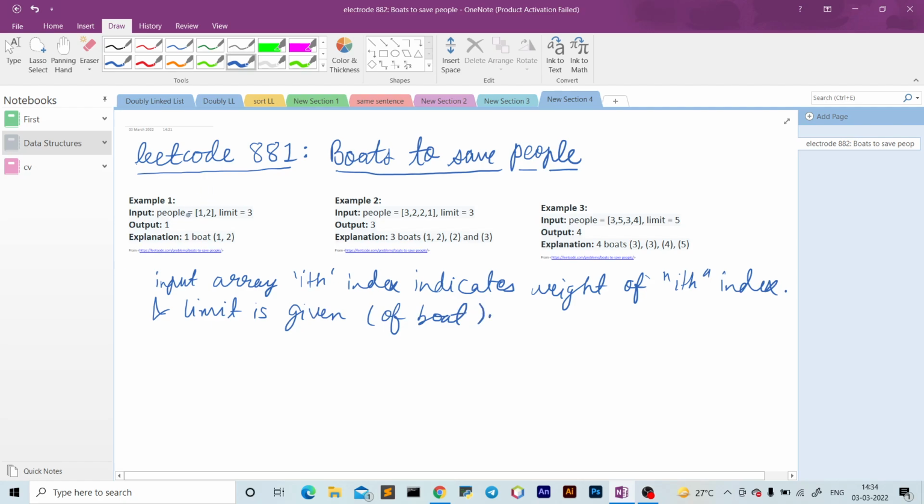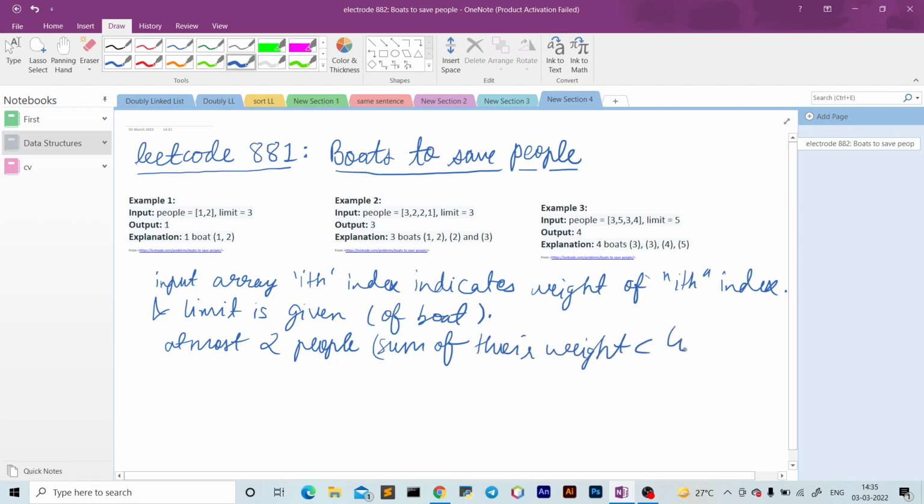So we can take at most two people at a time, given that the sum of their weights should be less than or equal to the limit.